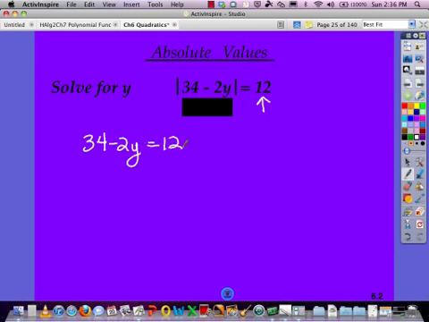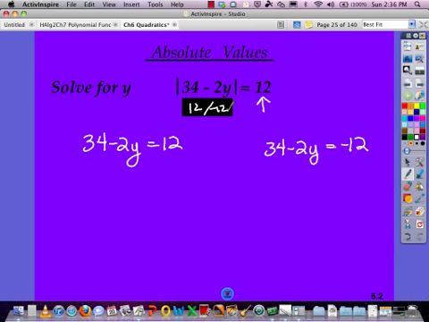As we also learned, what's inside the absolute value bar could also be equal to negative 12, because we have 2 numbers. 12 or negative 12 is going to make that true. So in essence, what you have to do is take whatever's inside of the absolute value bar, set it equal to the 2 possible things it could be, and work it out. So that's what our work is now.